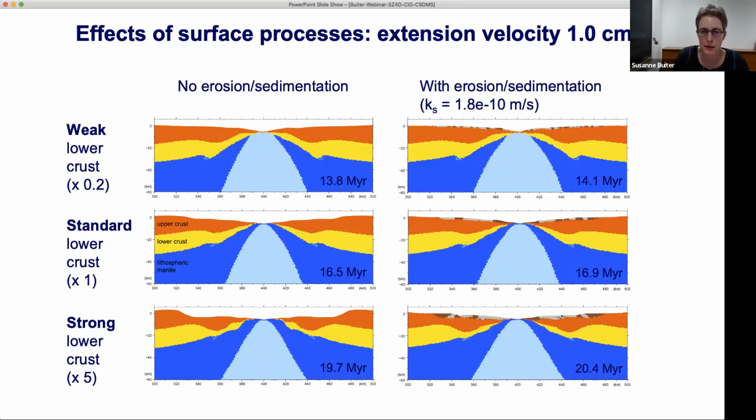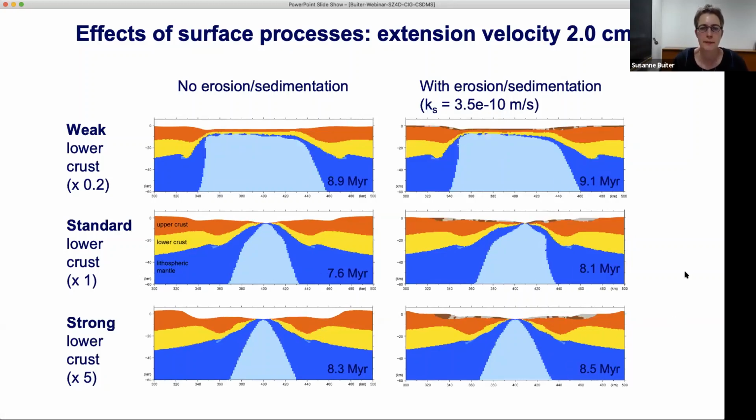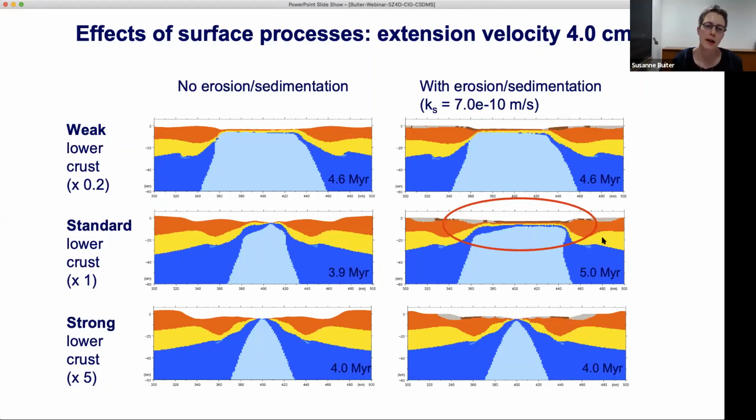Not much is happening. But if I extend a bit faster, we now get the model that I was showing you before, where for a weak lower crust at 2 centimeters a year, we get the wide margin. For standard lower crust, the model breaks up, but we can see a subtle change for the model with surface processes. It still breaks up. But at higher extension velocities, we see a mode switch.